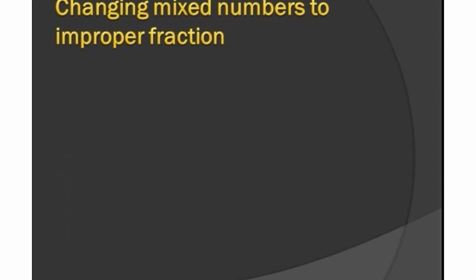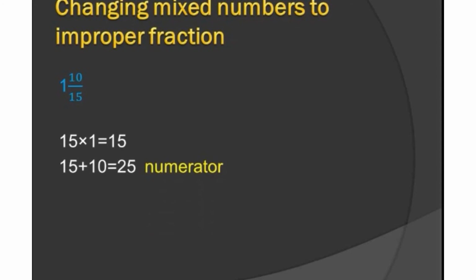So let's practice the first one. 1 and 10 over 15. The first step is to times the whole number by the denominator. Therefore, 1 times 15 is equal to 15. Then you add the numerator.